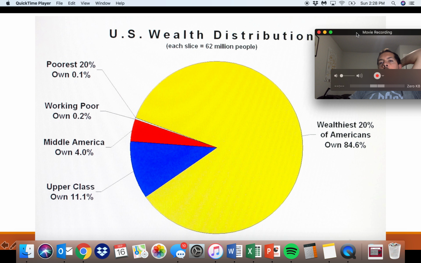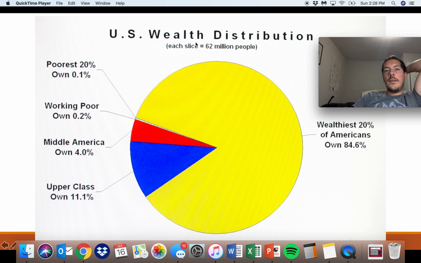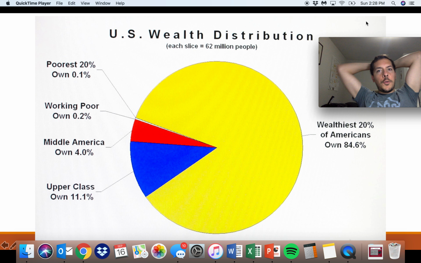So then this next graph shows specifically for the US, how is our wealth distributed based on income. So take a moment to read through this graph, or table, chart rather.